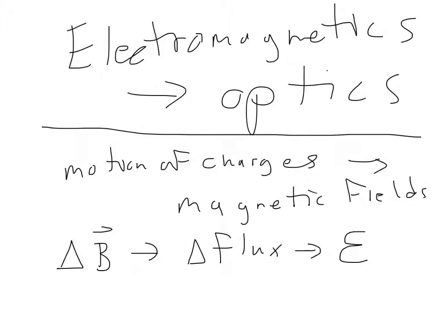Remember, where you have a potential difference between two points, you actually are generating an electric field. So a change in a magnetic field is actually producing an electric field.